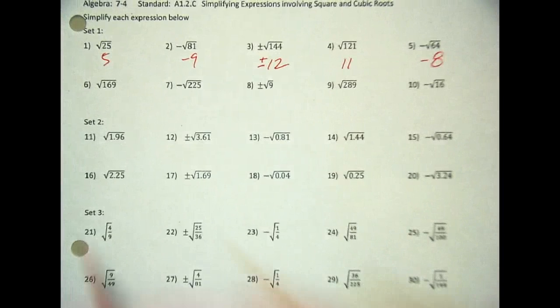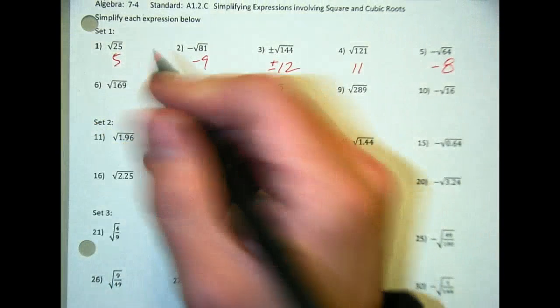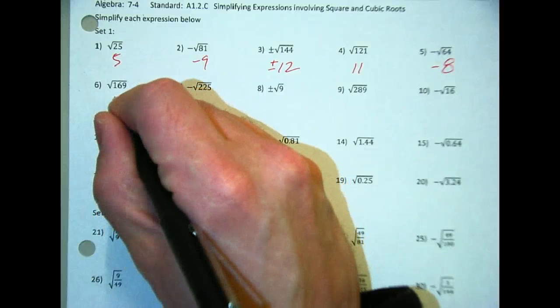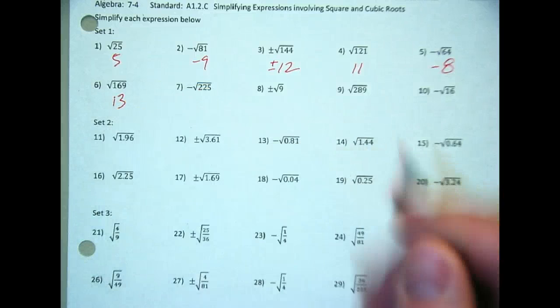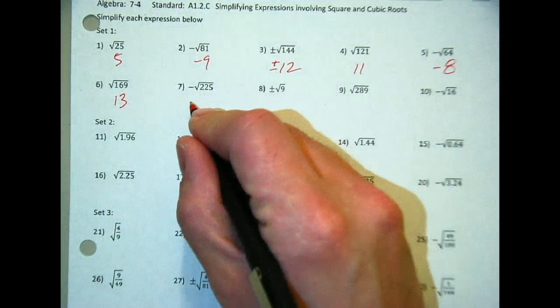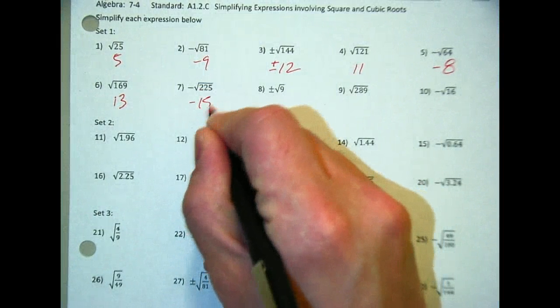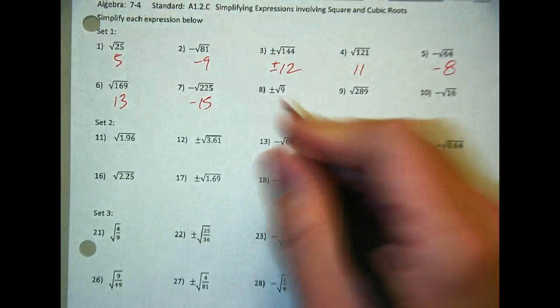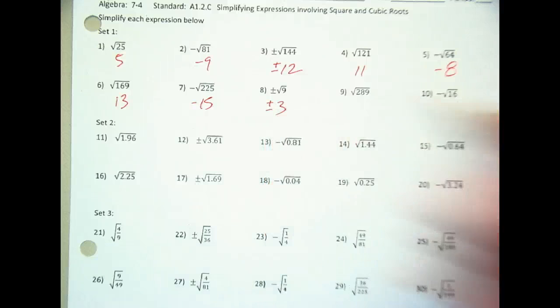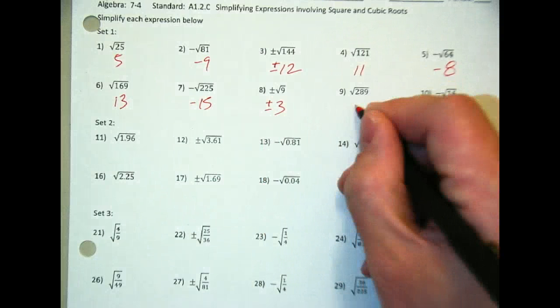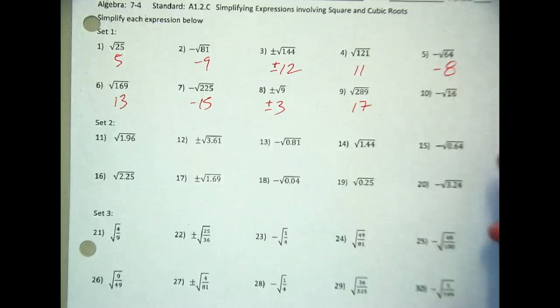Number 6, Jennifer. 13. Number 7, Patrick. -15, yeah. Number 8, Cole. Number 9, Toki. 17. Number 10, Jaden. -4.